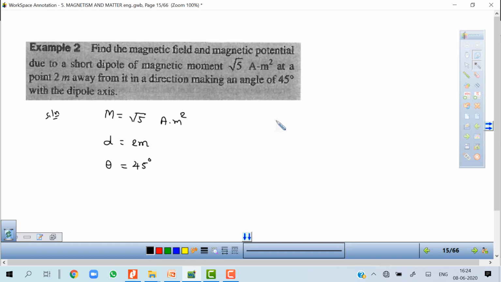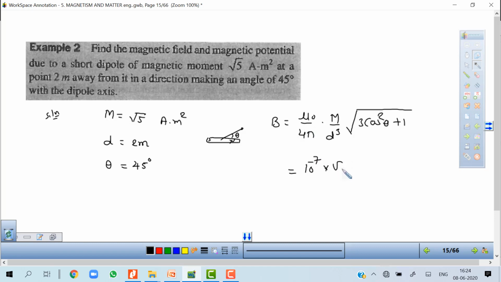So we have B is equal to mu 0 upon 4 pi m upon d cubed and root of 3 cos square theta plus 1. Our basic formula at angle theta. This is your magnet, south, north, and this is the point. This is theta. So mu 0 upon 4 pi is 10 raised to minus 7. M is equal to root 5 upon d cubed, so 2 raised to 3.